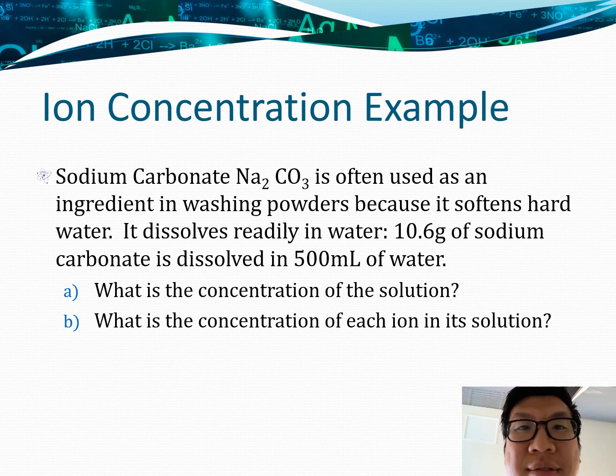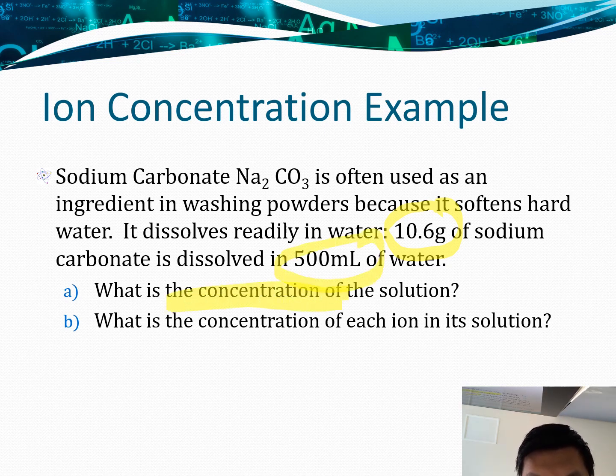So, in your calculation, you would go, all right, I know mass, I know volume, and I want to know concentration. Concentration is C equals n over V, and I want to know this.